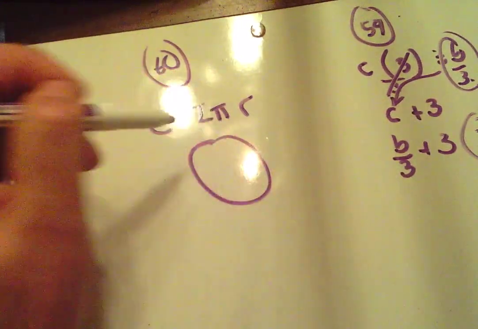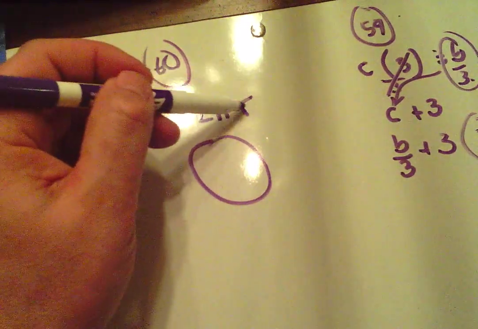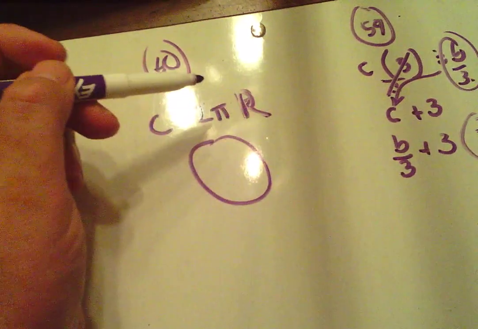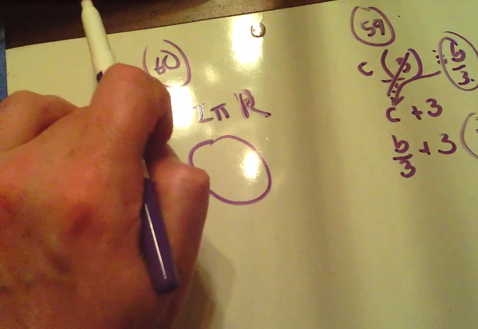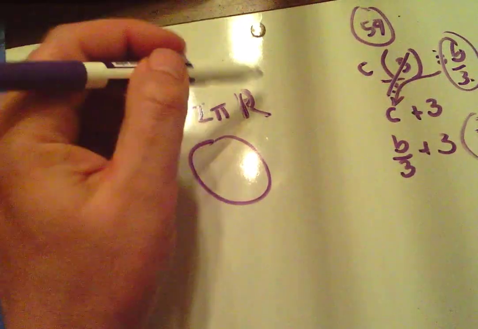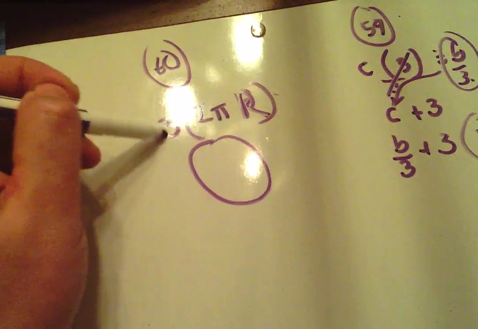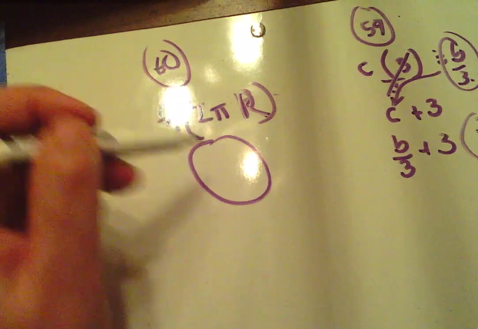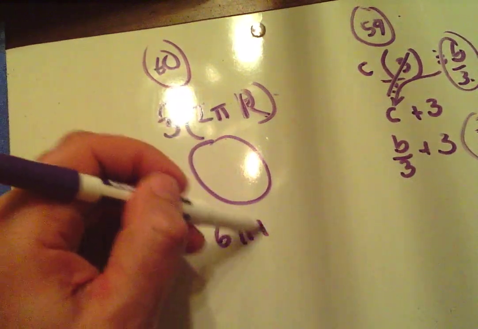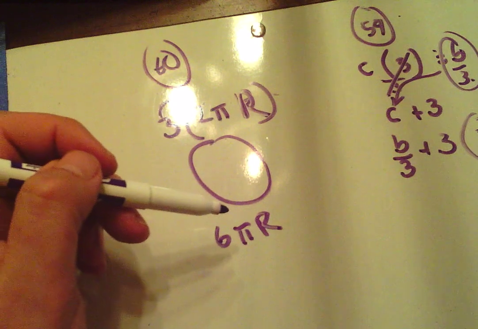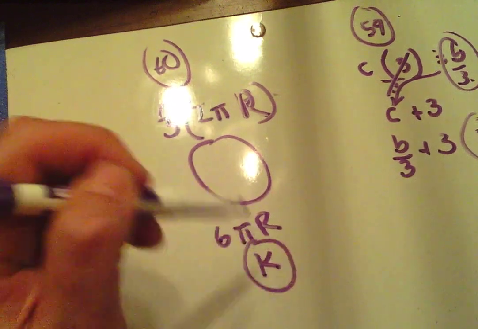That's 1 lap of the circle. And our radius is big R. But that's 1 lap, once around. How many times do we want to go around? We want to go 3 laps. So 3 times 2 pi is going to give me 6 pi big R. And 6 pi big R is choice K.